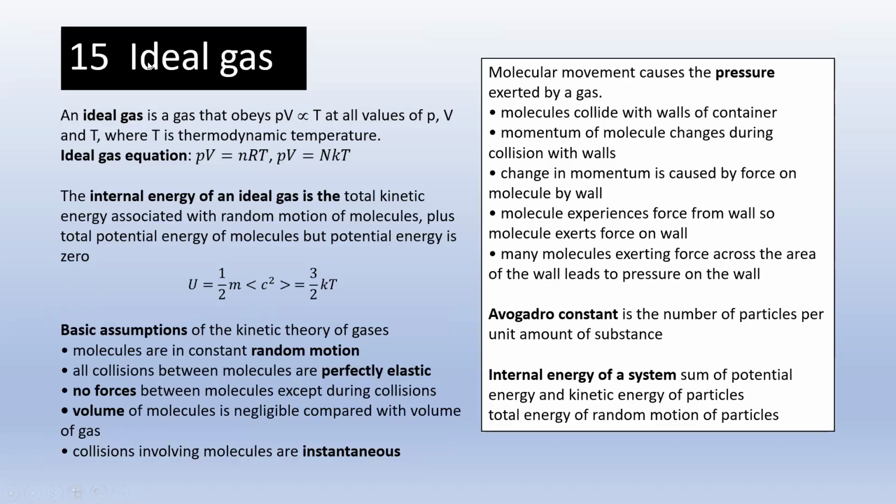Ideal gas assumptions, make sure you know them by heart. For the internal energy of an ideal gas, make sure you know that. And this is the ideal gas equation. What is an ideal gas? This is quite common, it has come out a few times already. Then what is the pressure exerted by the gas? Avogadro's constant has a strange definition.